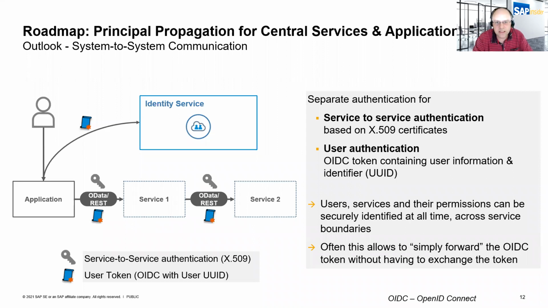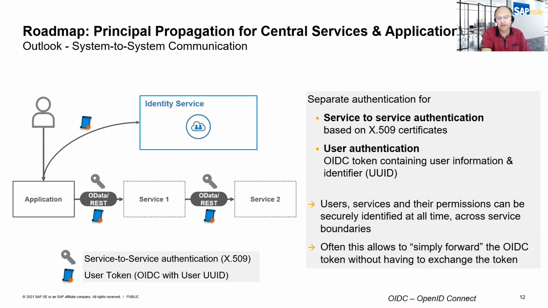But it's not only about the name identifiers. Also, the question is how to secure such a communication, because one thing to be avoided for the intelligent enterprise is an arbitrary number of point-to-point trust configurations.